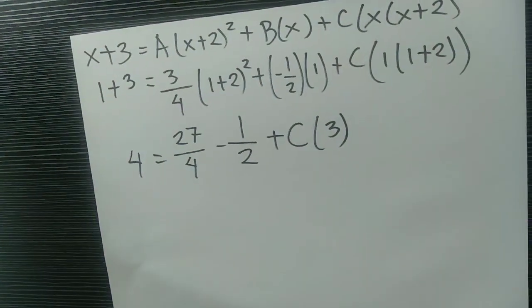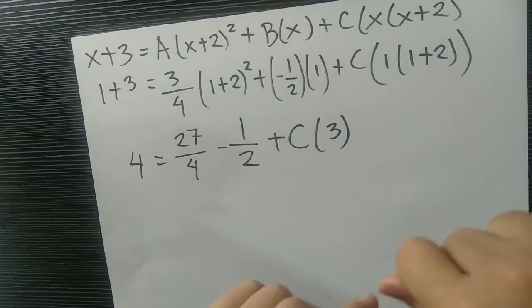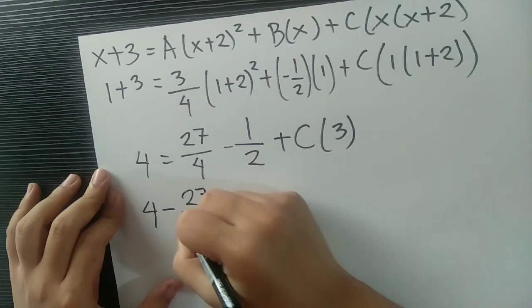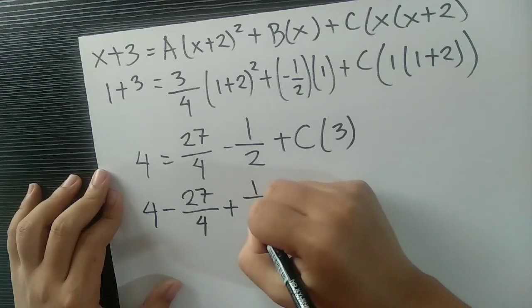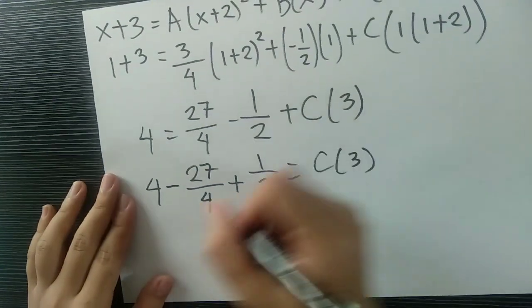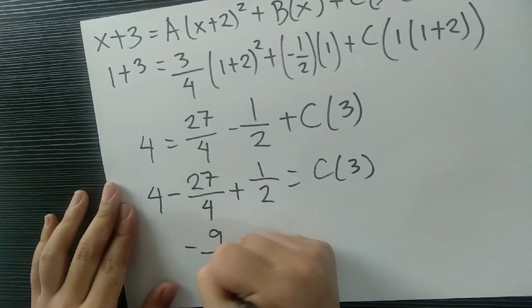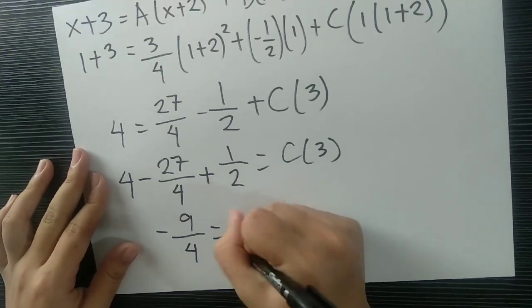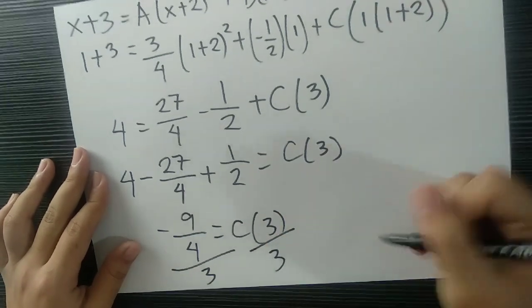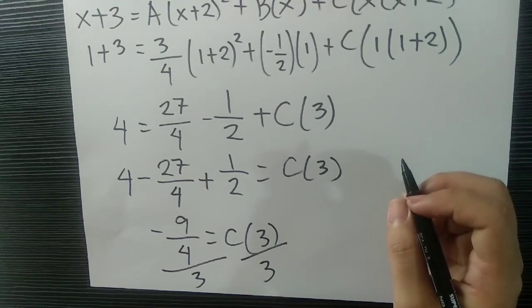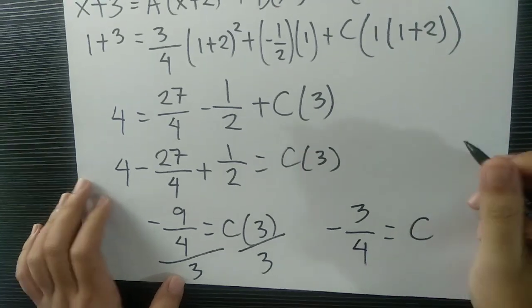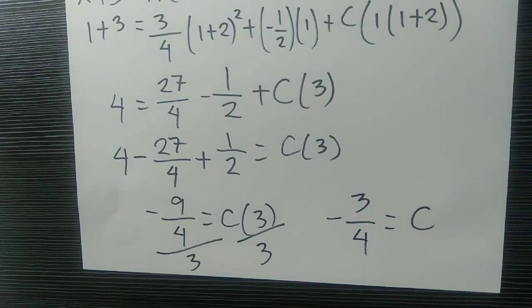We'll transpose 27 over 4 minus 1/2 over to the left. So that's 4 minus 27 over 4 plus 1/2 equals C times 3, and we'll get negative 9/4 equals C times 3. So divide by 3, and our value will be negative 3/4 equals C. Now let's proceed to substitution.